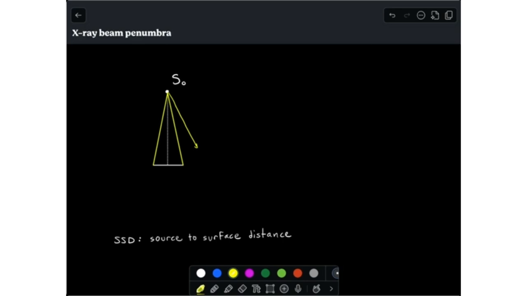Very far off axis, the contribution to dose on that lateral line from this point source is much smaller because the lessened intensity leads to lessened exposure, less ion pair production. Now, the decrease is in proportion to the square of that distance. Or we call this the inverse square law.